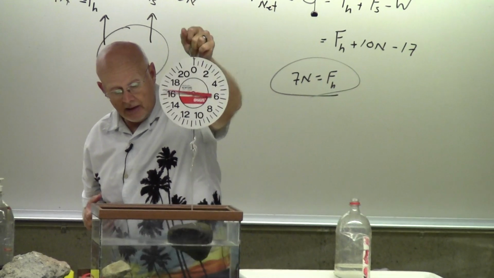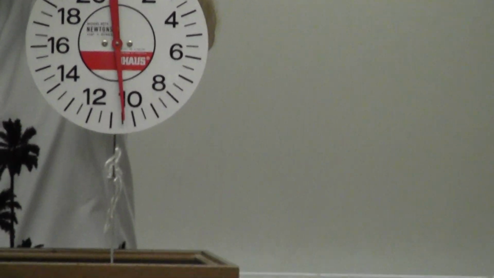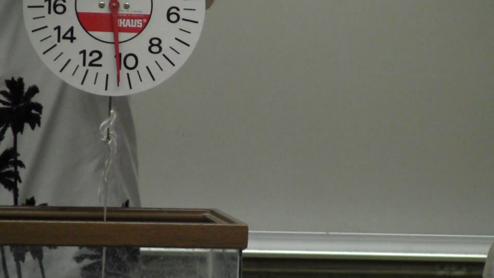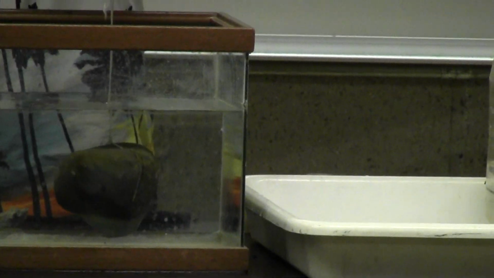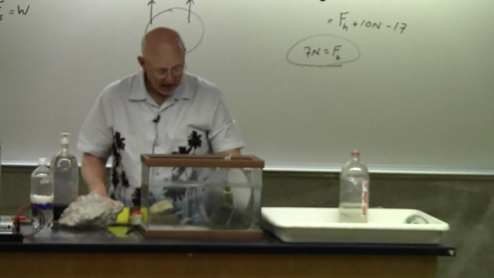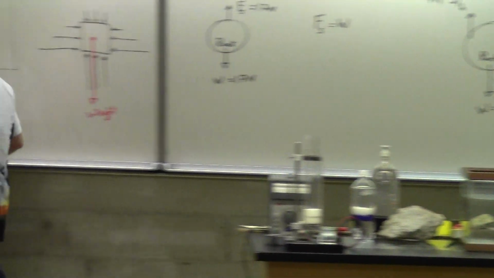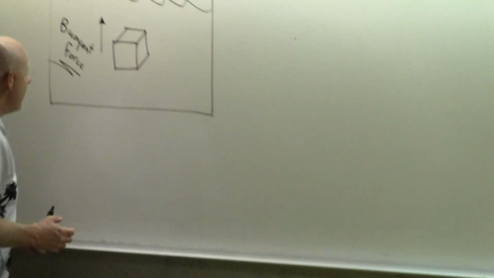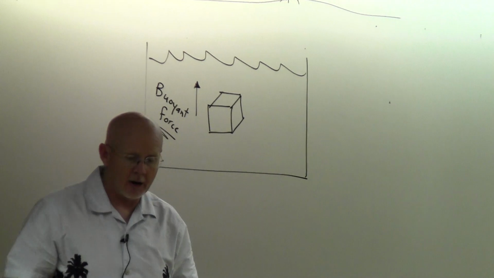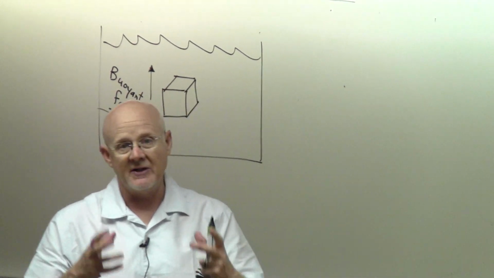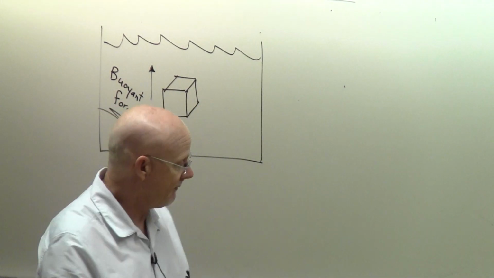And so the net upward push needs to be 17. And so with the rock submerged, the water is pushing up with 7. And of course, the scale is pushing up with 10. Until the total upward is 17. So I wanted you to see why we have a buoyant force, and I want to emphasize then that you put any object underwater, it has a buoyant force. That is the physical cause of the buoyant force.